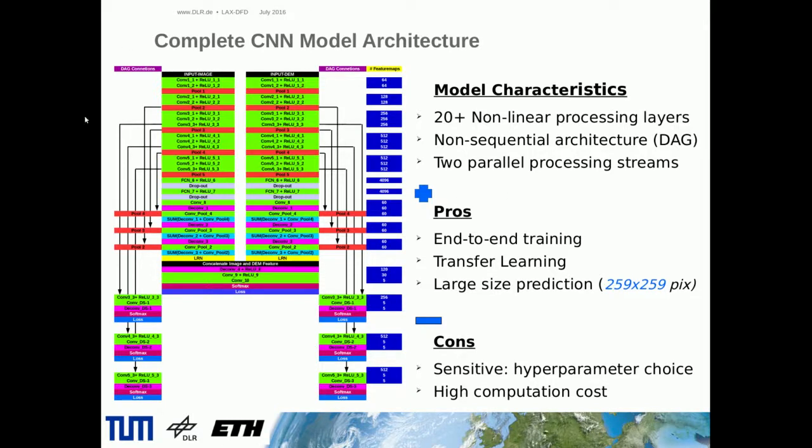And the cons of this system is that it's rather sensitive to hyperparameters. Of course, to train these networks, you have a few parameters that you have to tweak, and the system is rather sensitive in the choice of these few parameters. And then of course there is a high computational cost, which is not so high, I guess, for nowadays standard. We use a top-notch graphic card, but these are not very expensive.